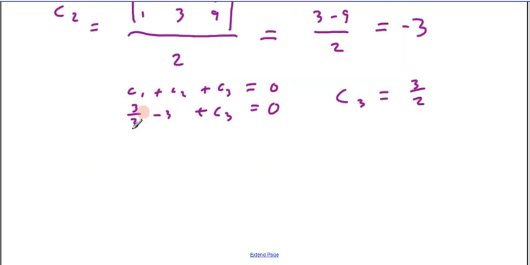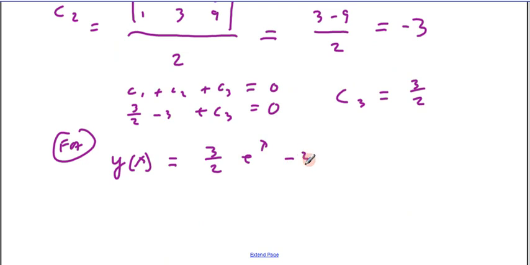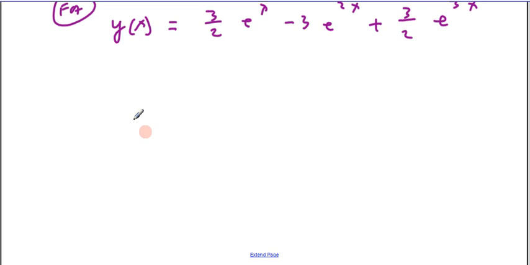So unchecked final answer: y of x is equal to 3 over 2 e to the x minus 3 e to the 2x plus 3 over 2 e to the 3x. And now that keys us to check our final answer.